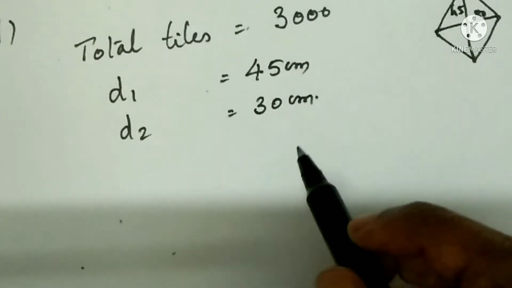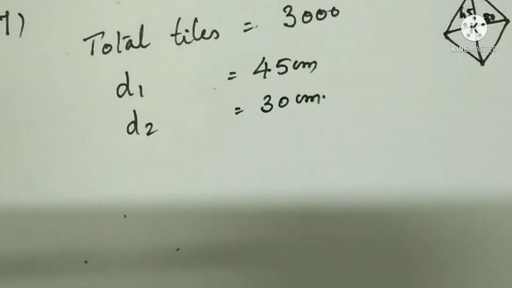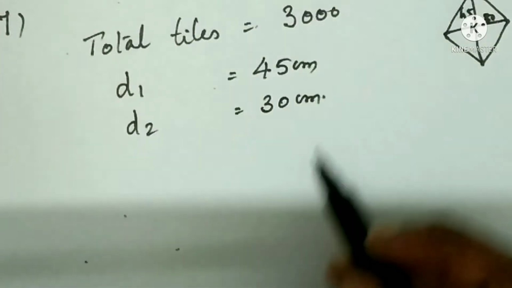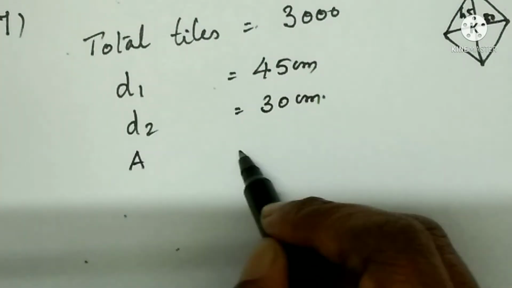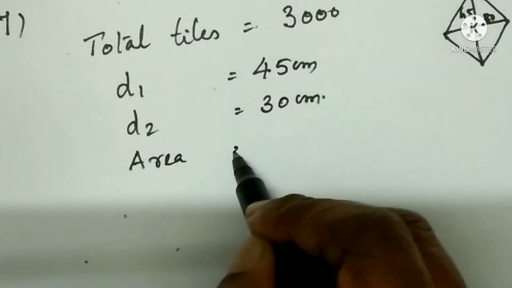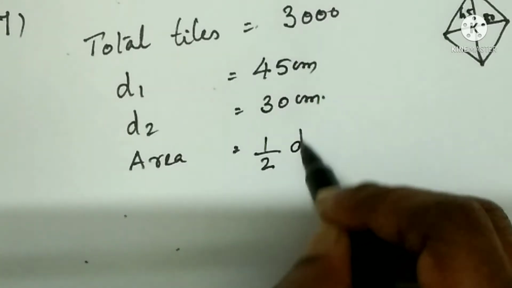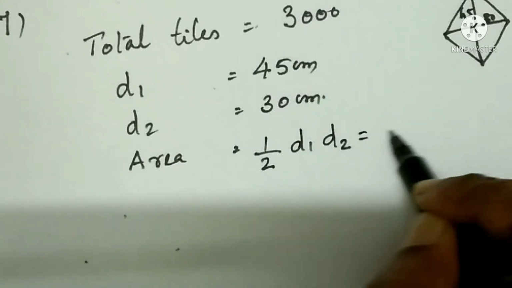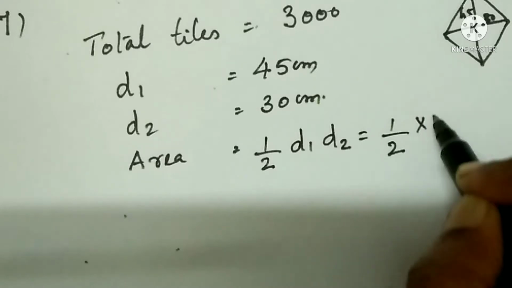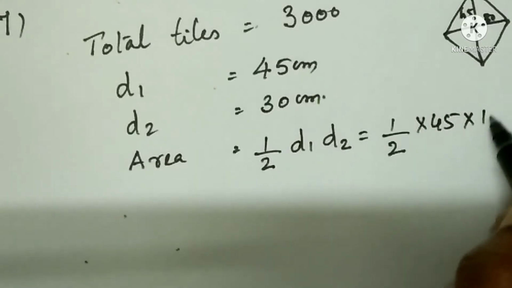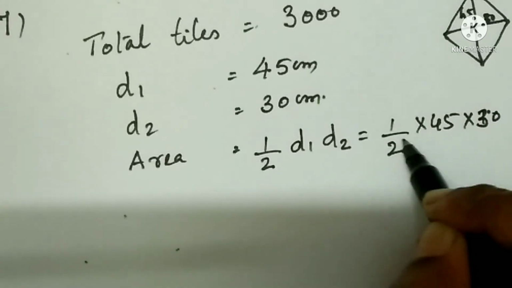If we know the area of one tile, we can find out the area of 3000 tiles. So area is equal to half into D1 D2, that is half into 45 into 30.